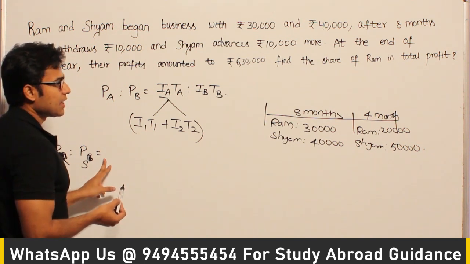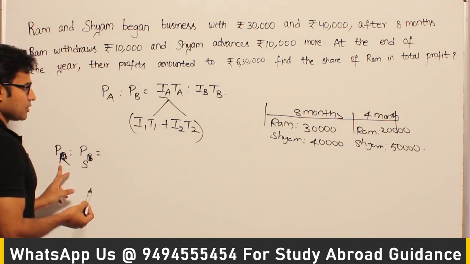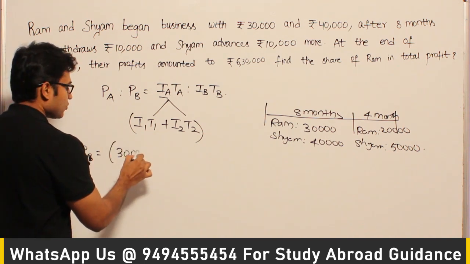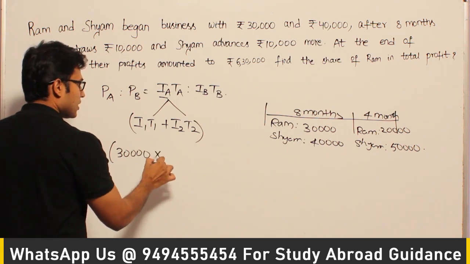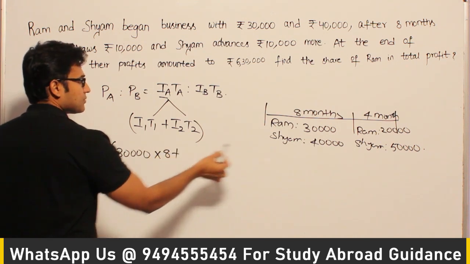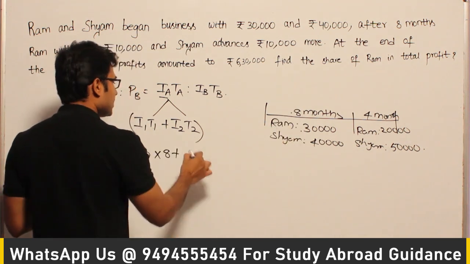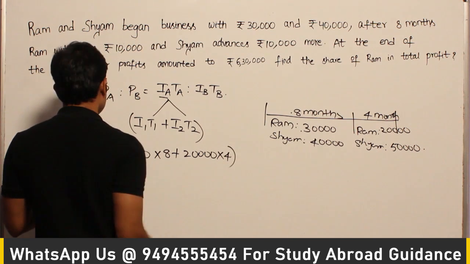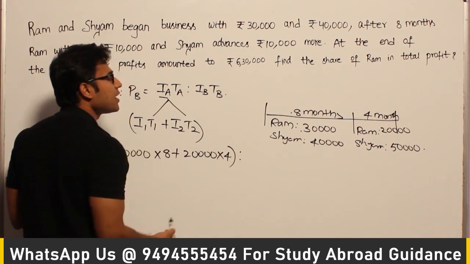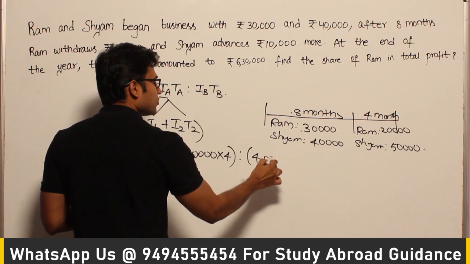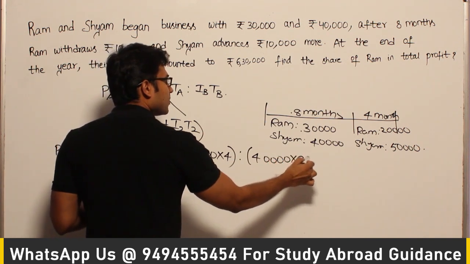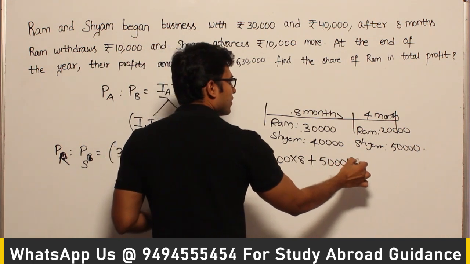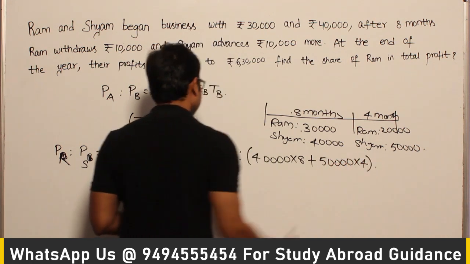Now how can you write it? Profit of Ram depends on his contribution. What is his contribution? His contribution is 30,000 rupees for 8 months plus 20,000 rupees for 4 months, is to, what about Shyam? 40,000 rupees for 8 months plus 50,000 rupees for 4 months.